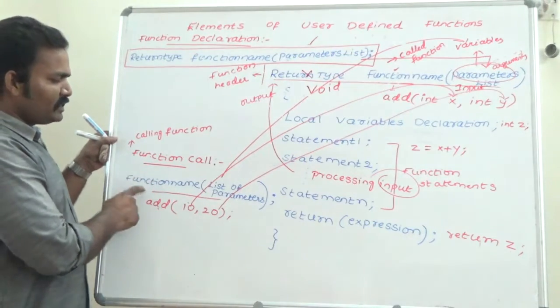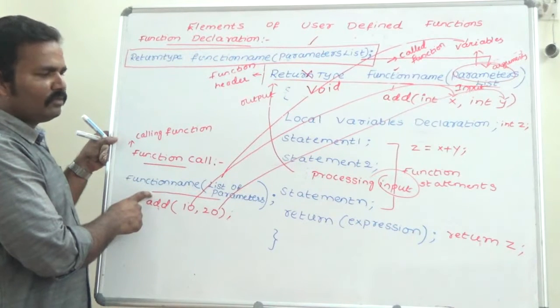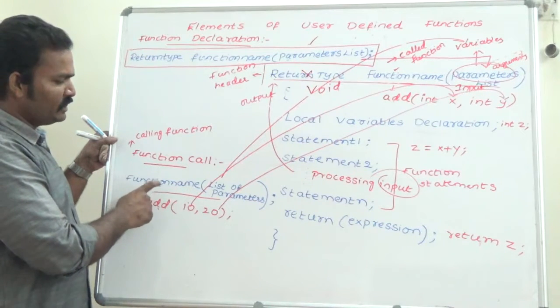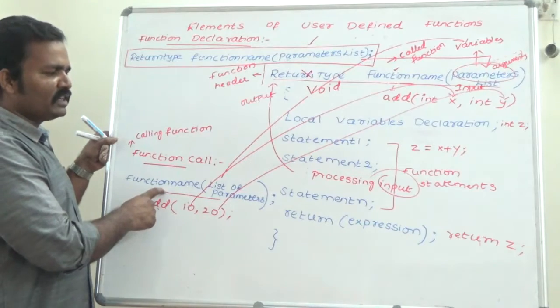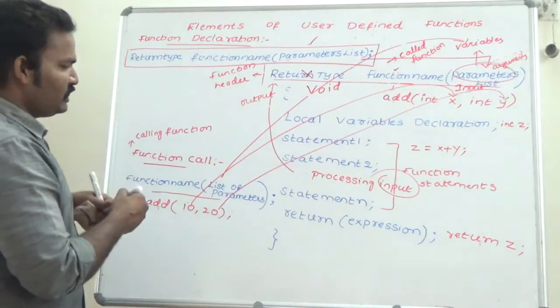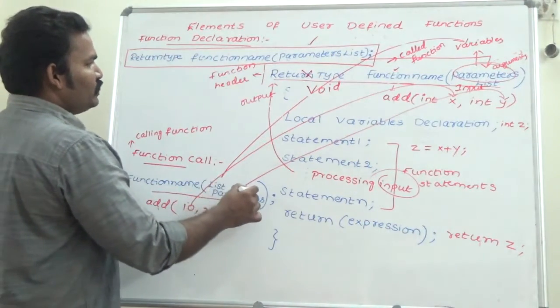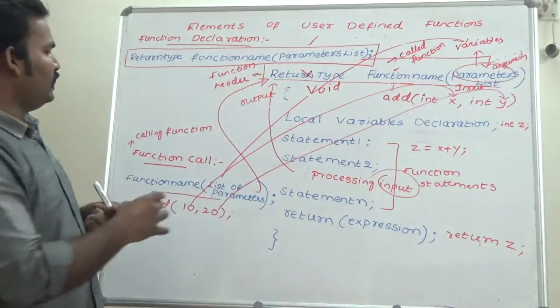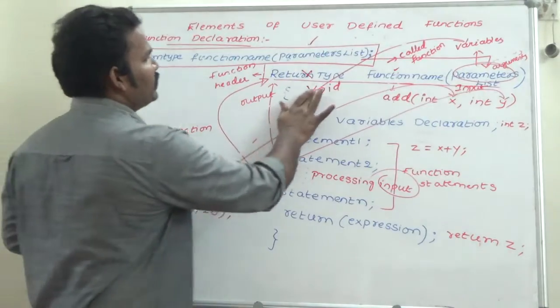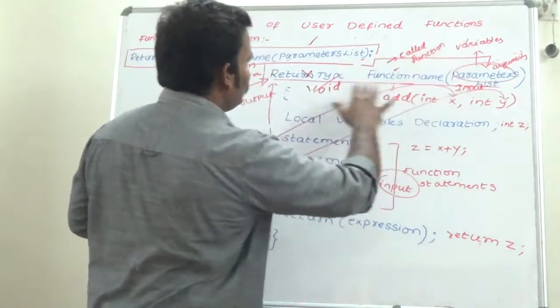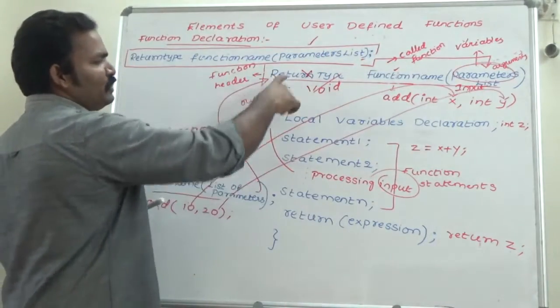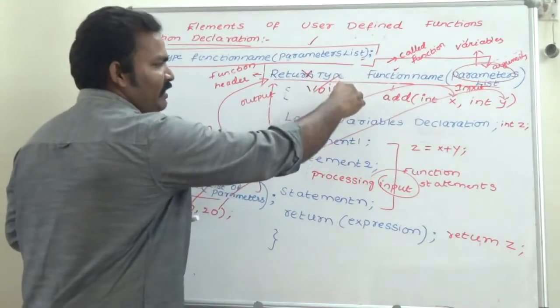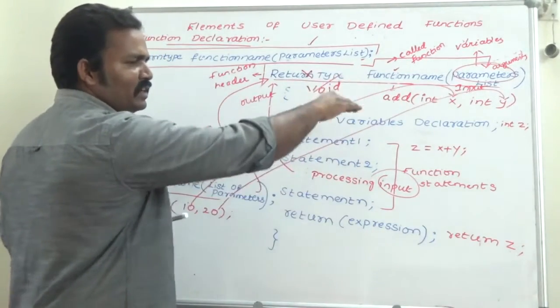Whenever execution control encounters a function call statement, execution control is directly transferred to function definition, and it will execute the statements in that function.